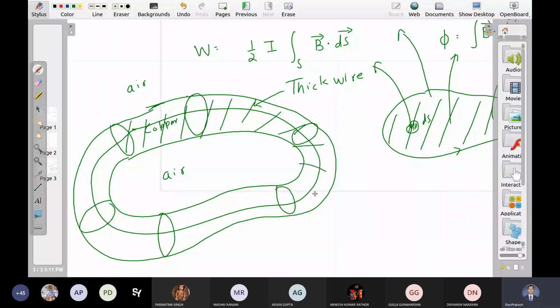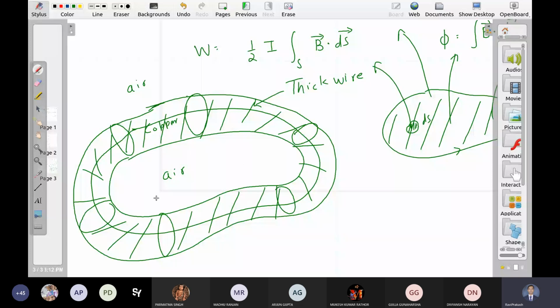You can see it's a very thick wire, and this loop is not circular. Second, this wire has different thickness at different points. So it is a very thick copper wire, its thickness is not constant, and the shape is not circular.